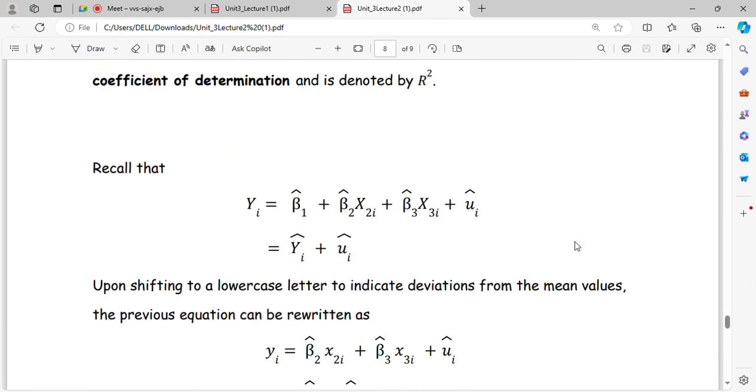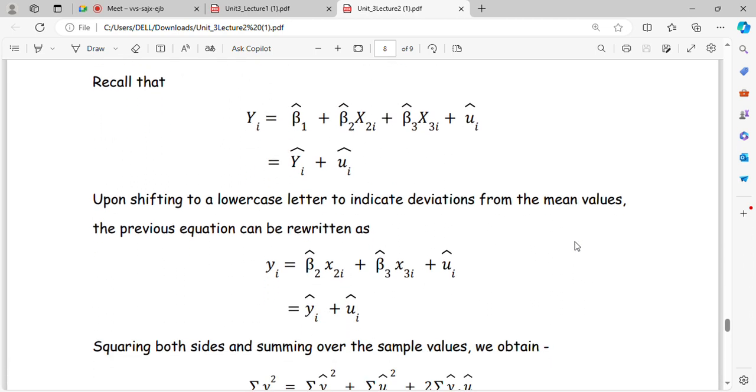We know that from the population regression function PRF, yi equals beta 1 hat plus beta 2 hat x2i plus beta 3 hat x3i plus ui hat, which means that yi equals yi hat plus ui hat. Now if we use the deviation form, we can write yi equals beta 2 hat x2i plus beta 3 hat x3i plus ui hat. Again here beta 1 hat cancels out.